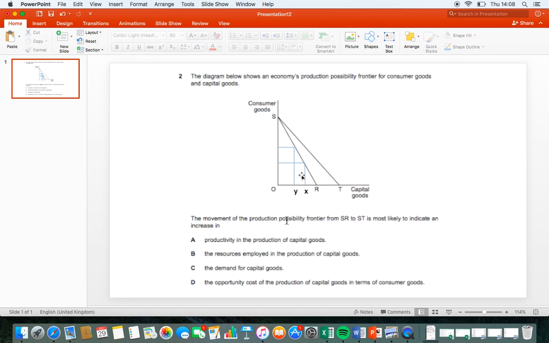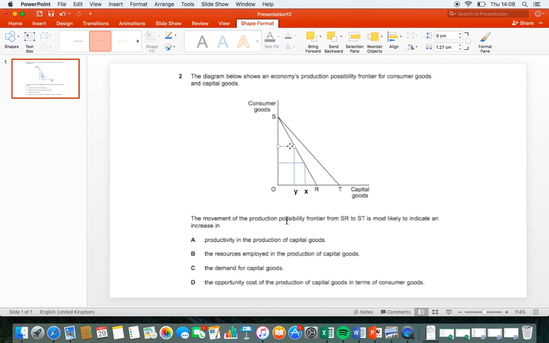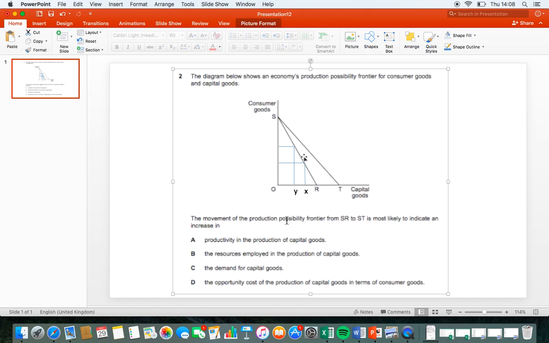Okay, so therefore to increase output of capital goods, let me just draw this as accurately as possible. To increase capital goods from Y to X, the opportunity cost in consumer goods is the sacrifice in consumer goods given up. So from this point to this point, okay, where I was just clicking with my cursor, this point to this point.